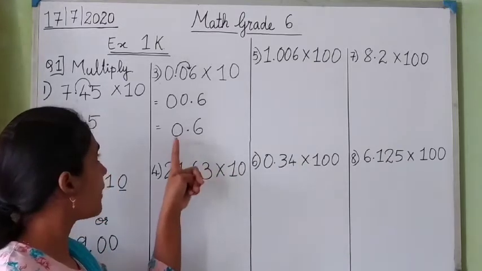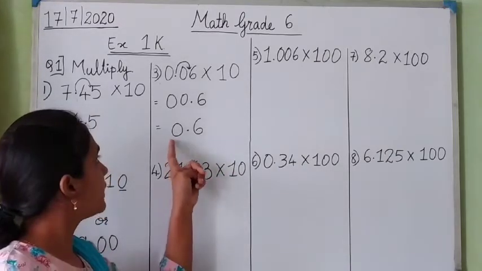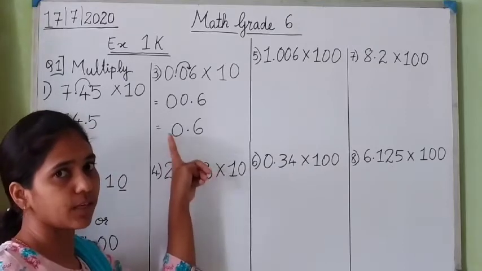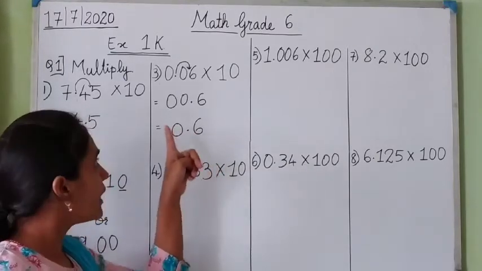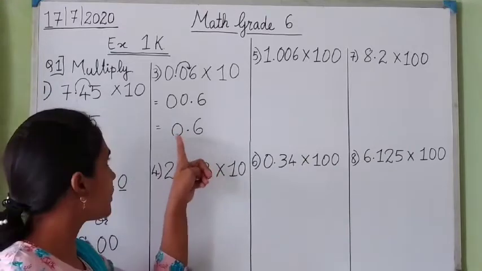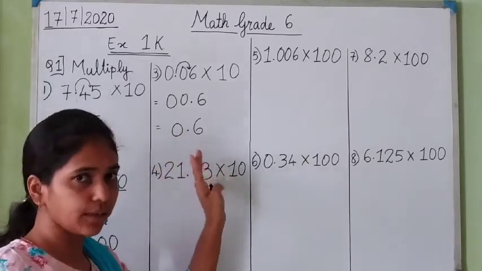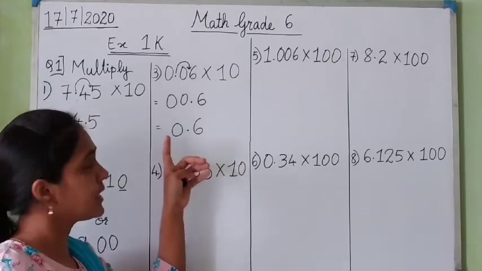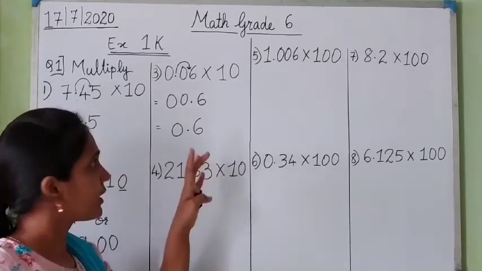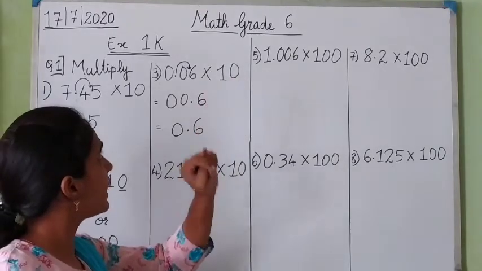But we have to write 0 here, because it has some value in this case, because there is a decimal point. If there was no decimal point, then we could have written only 6. But there is a decimal point between 0 and 6, so we have to write it as 0.6. So this is multiplication by 10.